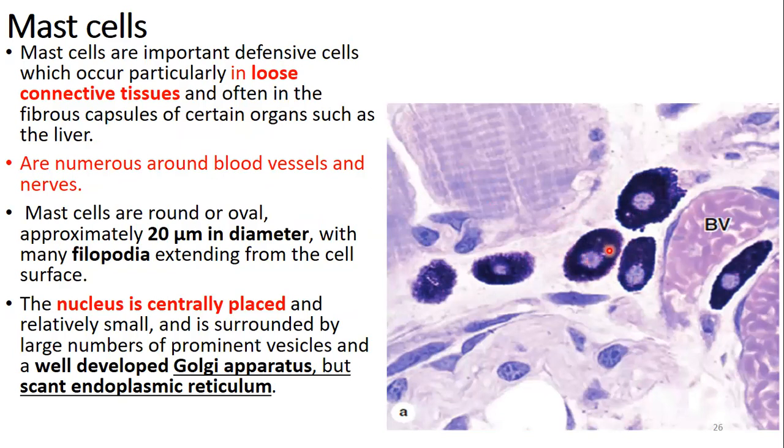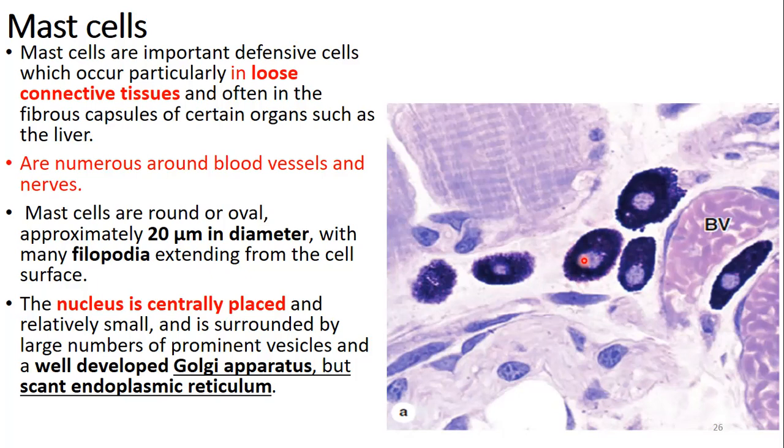So we see that the entire cytoplasm of the mast cell is filled with granules, and these granules have histamine, heparin, leukotrienes, and prostaglandins. The same structure will be seen for a basophil. So a basophil will look like this, just like a mast cell. This is a very essential cell in connective tissue.